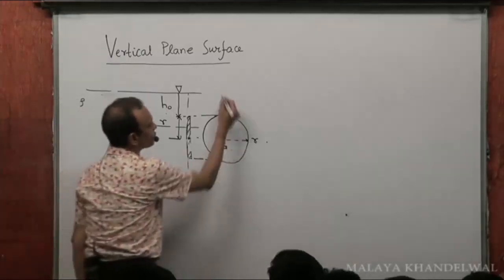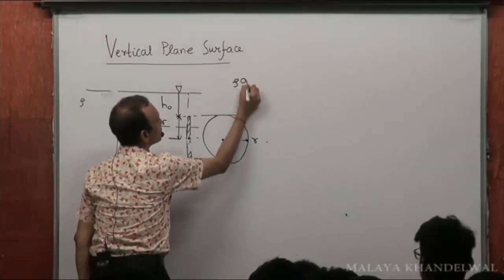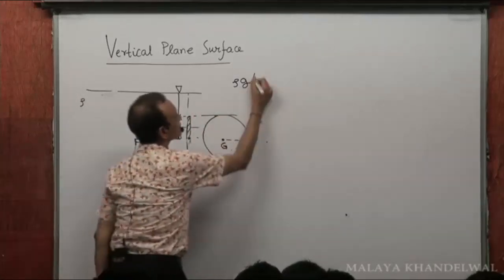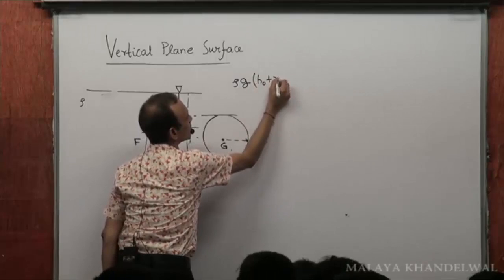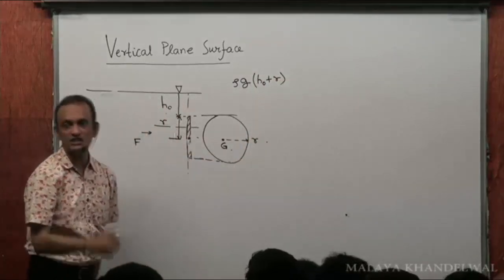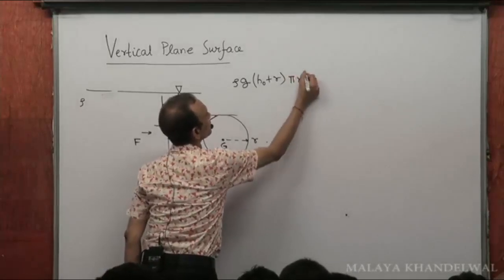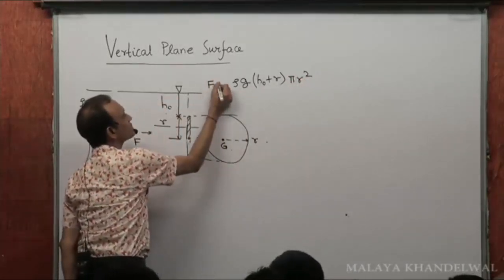So again, what would be the force on this? Rho g into depth of center of gravity, which is h naught plus r, into the area of the circle, which is pi r square. That's the force acting on this normally.